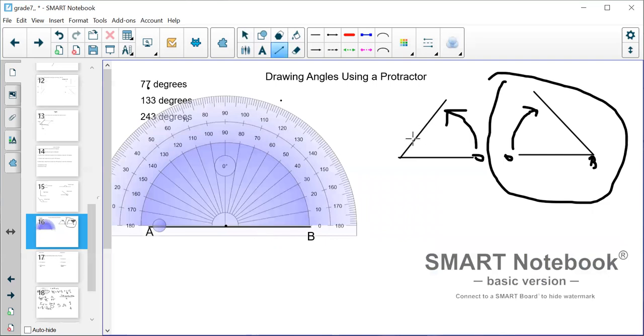Now, if I want to draw an angle like this first one here, which is illustrated here, then I would need to use 77, which is on this side of the line of the protractor, right? The inner side of the protractor.